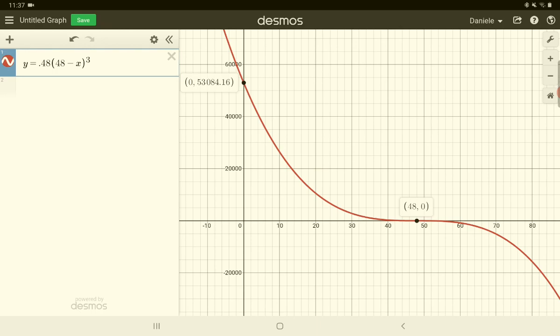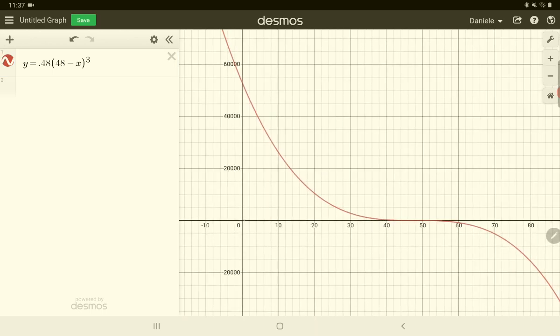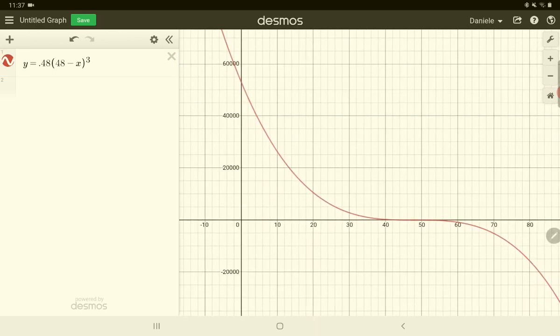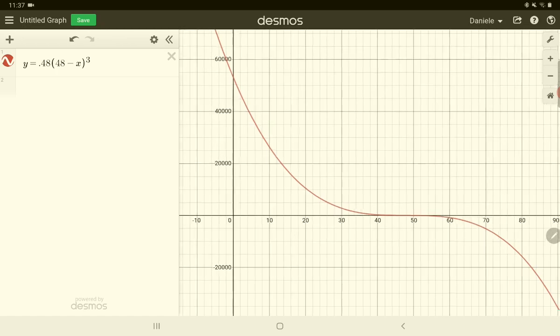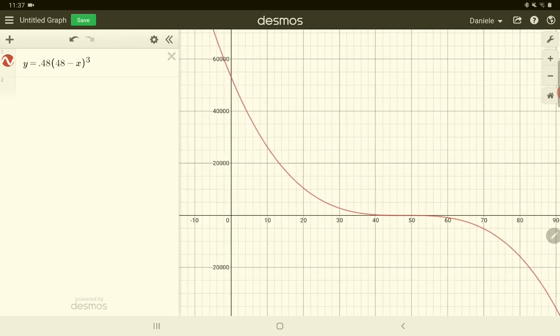So the only part of this graph that we're concerned with is from 0 to 48, because we know that the other values don't exist in real life. Like the left of this graph here, negative 10 for x, you can't have negative time, and you also can't have negative volume. So all you're really dealing with is this section from 0 to 48, and that is it.